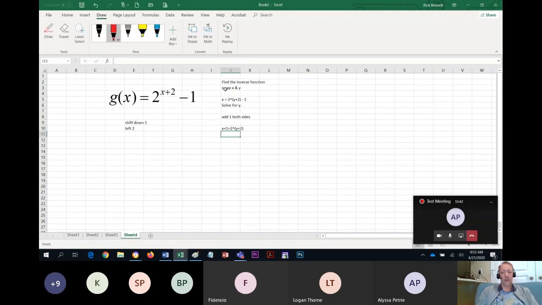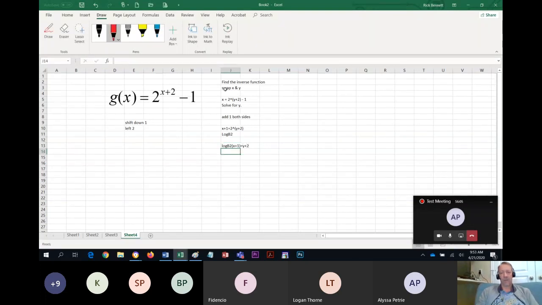Okay. Now I'm going to take the log base 2 on both sides. That's going to give me the log base 2 of x plus 1 equals y plus 2.